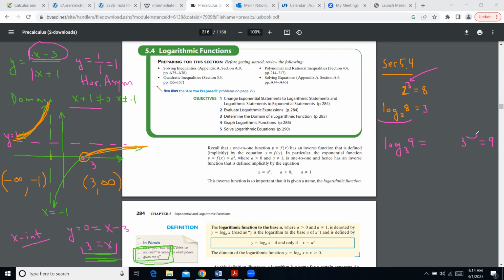What power is that? Let's see, Alex, 3 squared is 9. So it's 2. This is it. So we want to get used to treating those logarithms as powers.